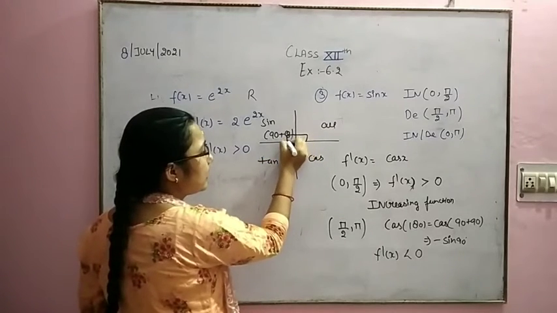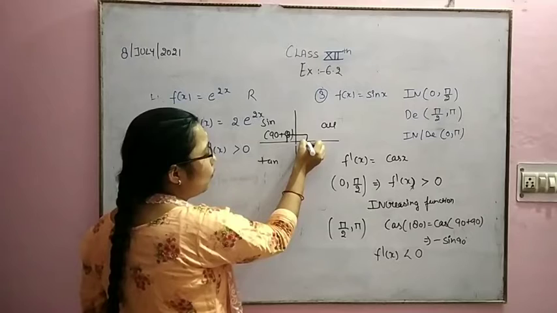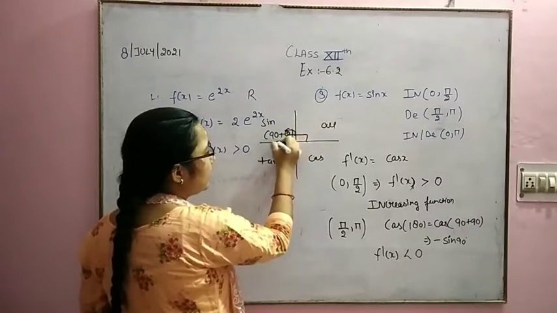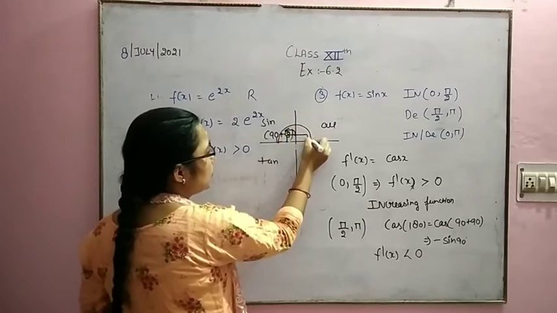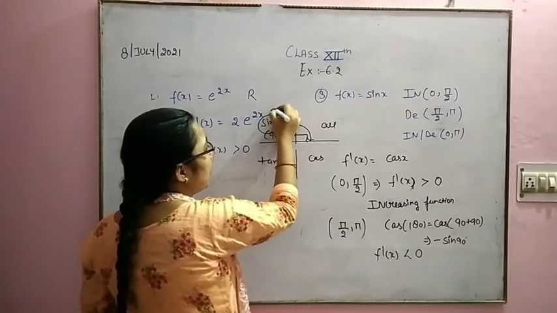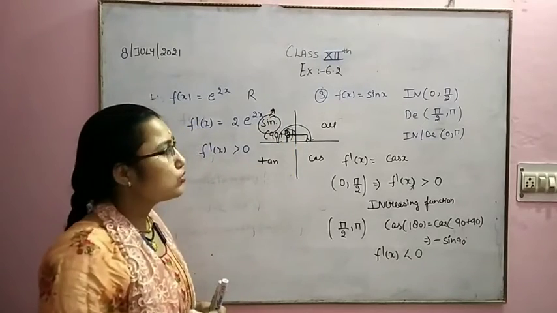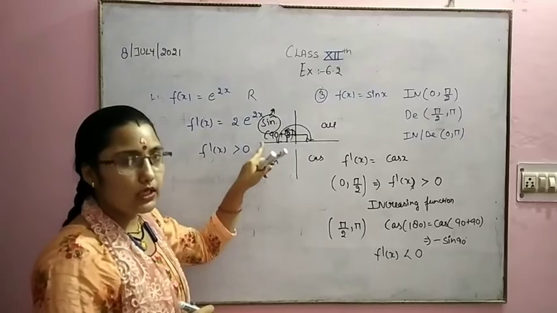And more than 90 we get the 90 plus theta range. So that means all the values for cos will come in negative.